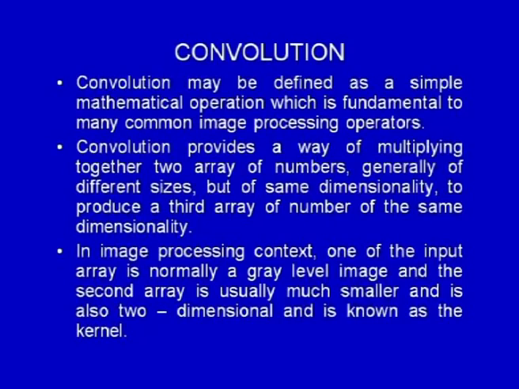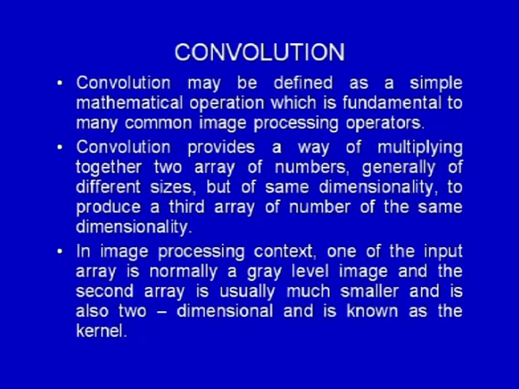Convolution may be defined as a simple mathematical operation which is fundamental to many common image processing operators. Convolution provides a way of multiplying together two arrays of numbers, generally of different sizes but of the same dimensionality, to produce an array of numbers of the same dimensionality.